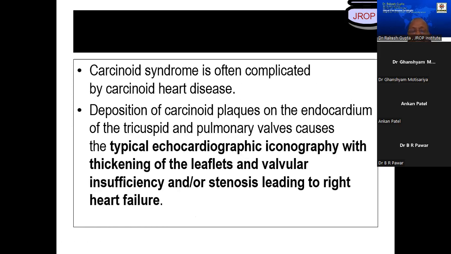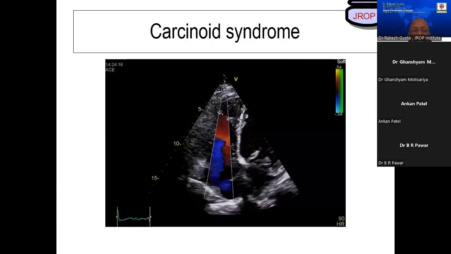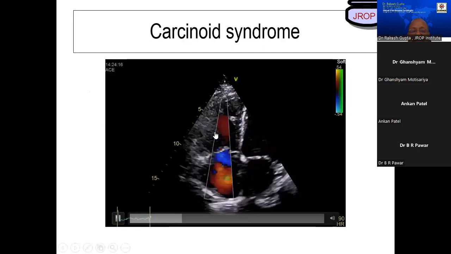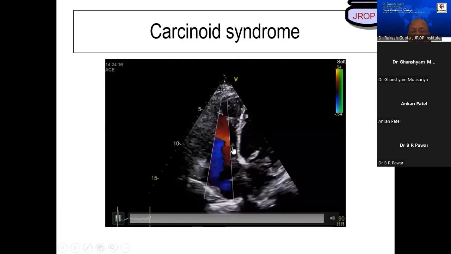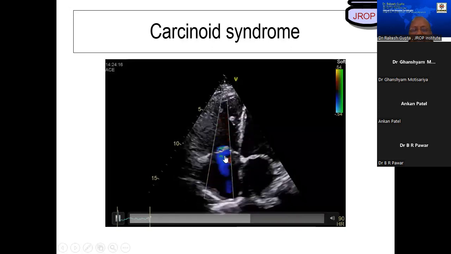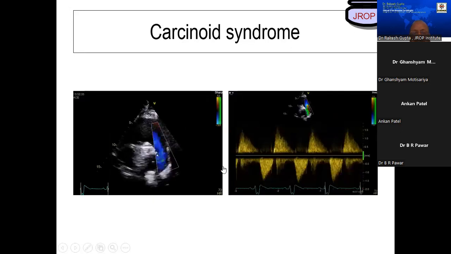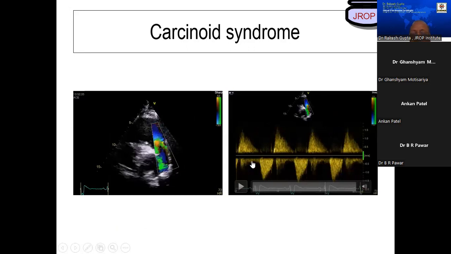So what exactly is the picture of carcinoid? These people present with dilated RV-RA with significant deposition on the tricuspid valve, presenting as tricuspid stenosis and regurgitation. Going further on the right side, they have significant pulmonic stenosis and regurgitation, and look at this Doppler flow pattern, which has a sharper acceleration time.